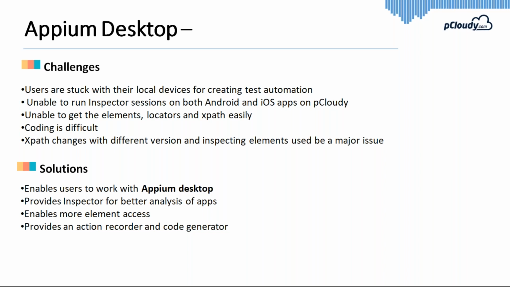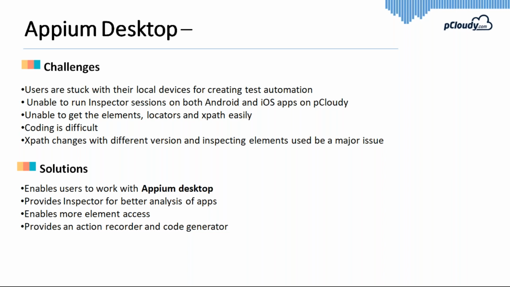And the last one we have seen quite often in the industry is that the XPath for a specific object will change with different versions of mobile devices, and that's a very big issue, because we have often seen that the test script which is created works fine for 6.0, but when I'm running the same on 8.0, it's not working. The object not found error is coming.